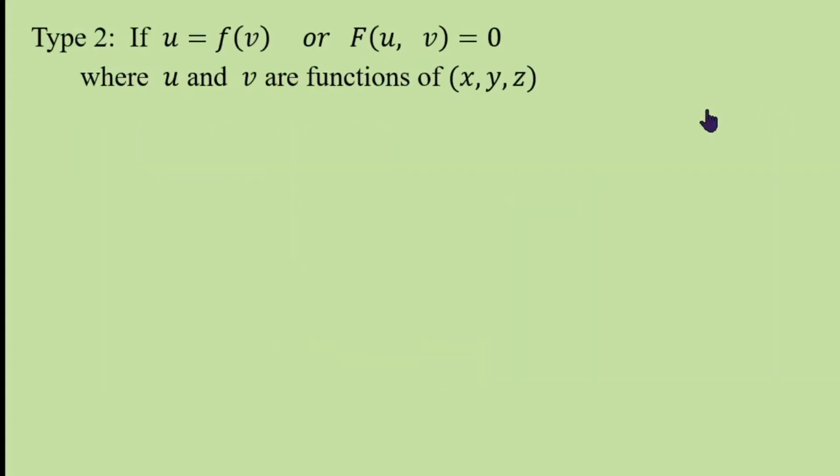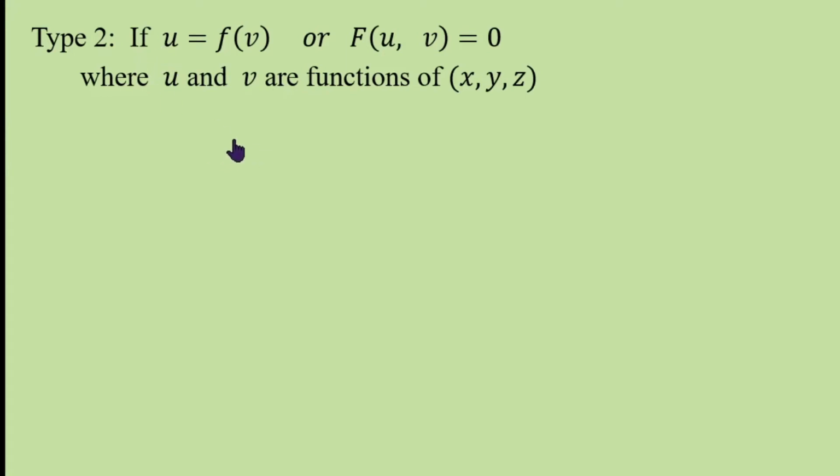Now one more type. Type 2: if u equal to function of v, or function of (u, v) equal to 0, where u and v are functions of x, y and z. X, y, z are variables of this u.